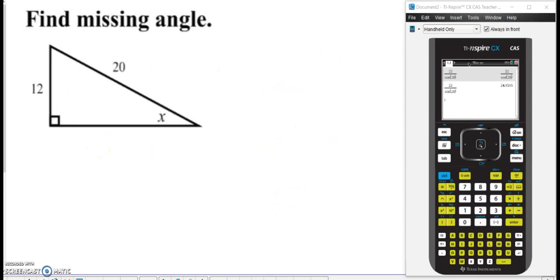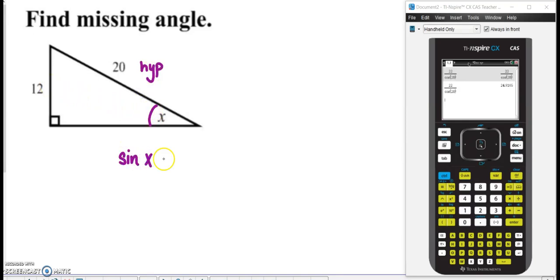Now we're going to find a missing angle. So here's our missing angle that we want. And again, let's look and see what sort of information we're given. Well, we know we're given the hypotenuse. And if we're given the hypotenuse, we're going to use either sine or cosine. And if we look at what we have, well, we have the hypotenuse and we have the opposite. So the opposite and the hypotenuse is sine.